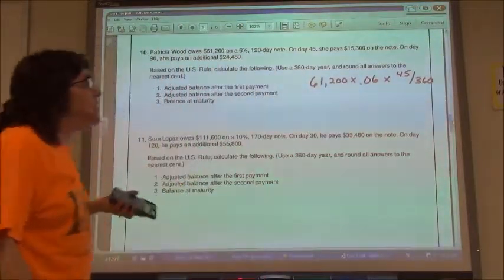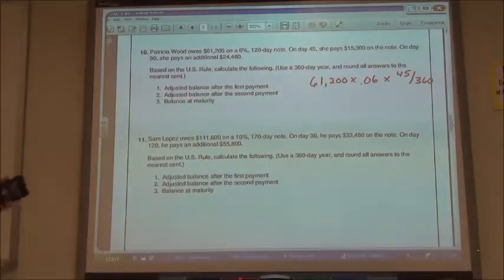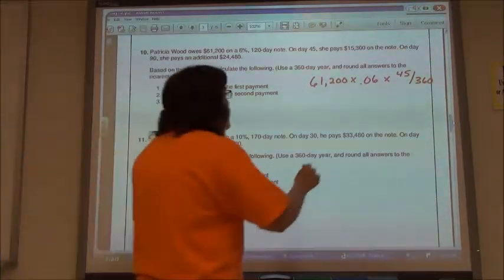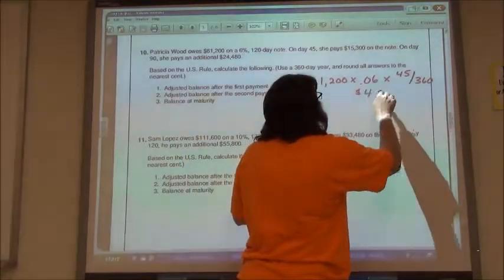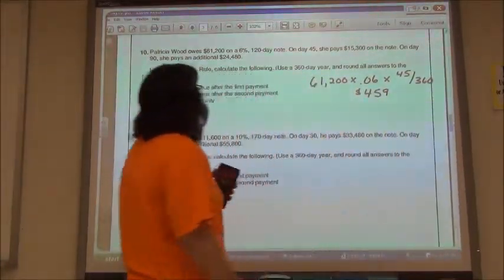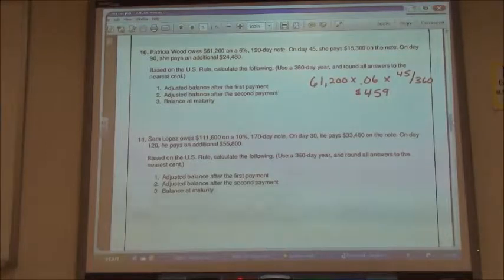We're just going to calculate the interest on the first 45 days. So $61,200 times 0.06 times 45 divided by 360 gives me $459. $459 is the amount of interest that I have.